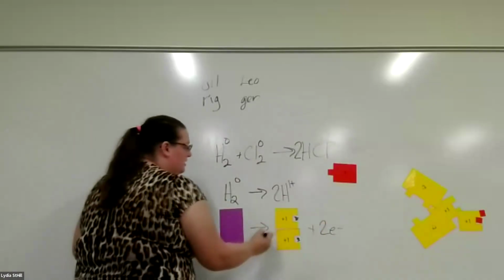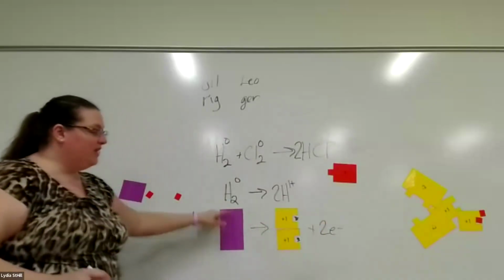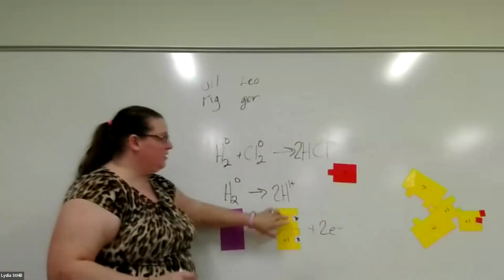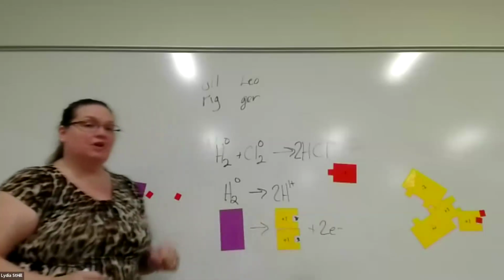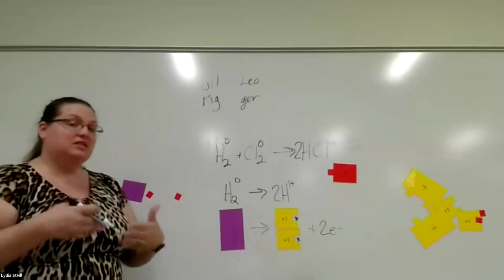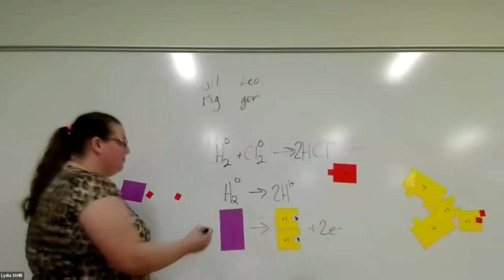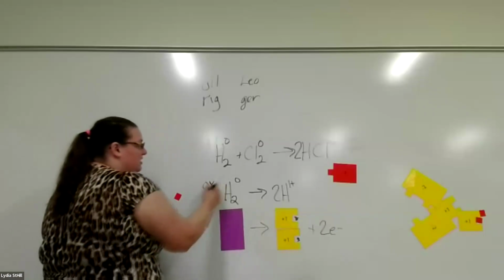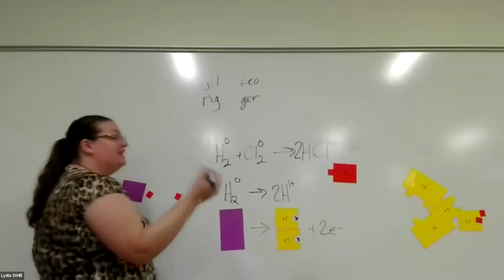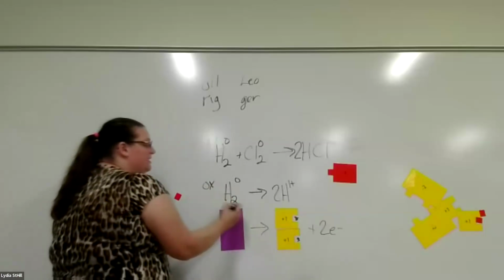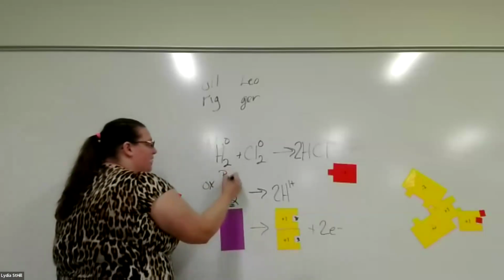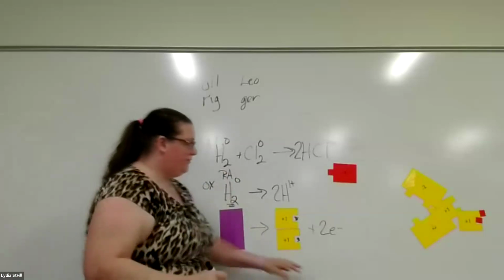So what we see here is that I don't have anything missing over here. I have 2 electrons missing, which means oxidation is losing. So this would be represented as my oxidation reaction. By default, that means that H2 has to be my reducing agent.